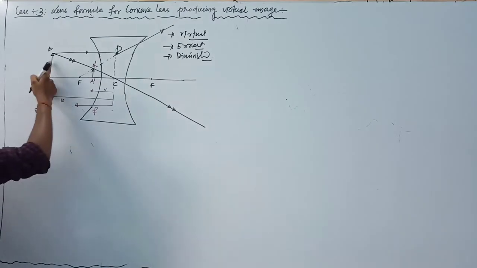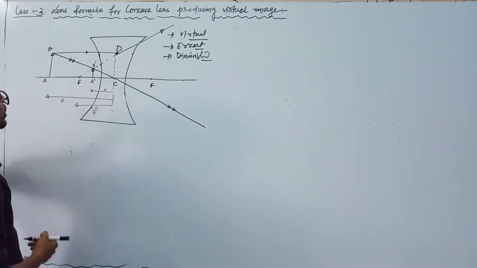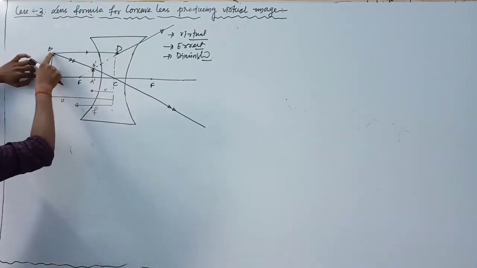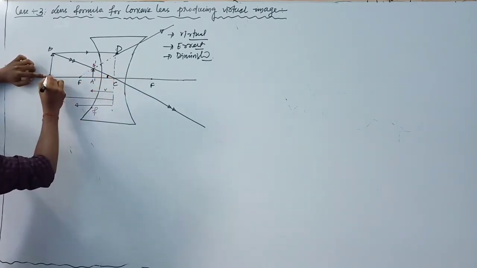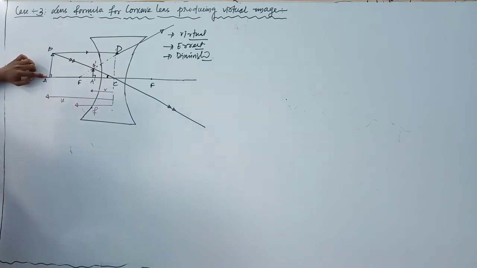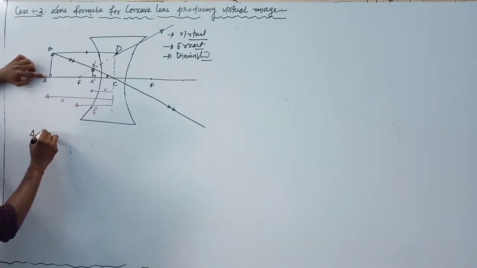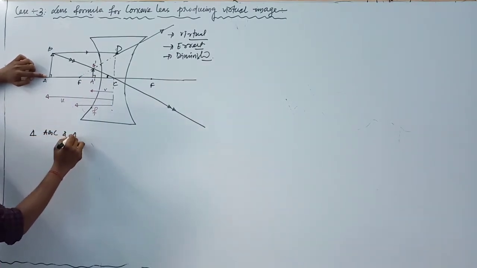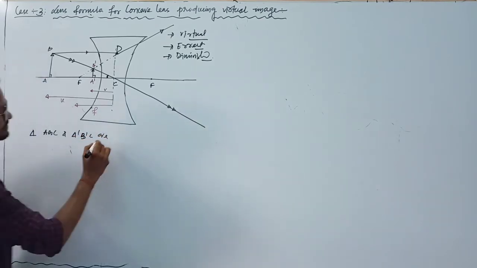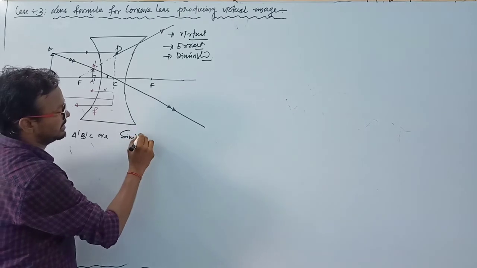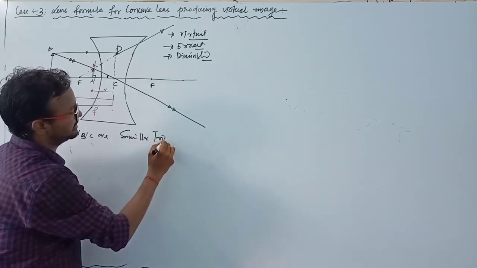First we have to choose similar triangles. Look at this triangle, triangle ABC and triangle A'B'C, because this angle theta is common, and this angle is 90 degrees, and this angle is also 90 degrees. So triangle ABC and triangle A'B'C are similar triangles.